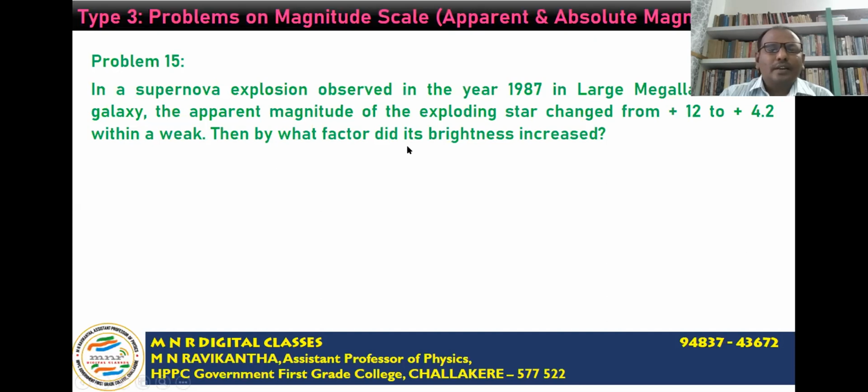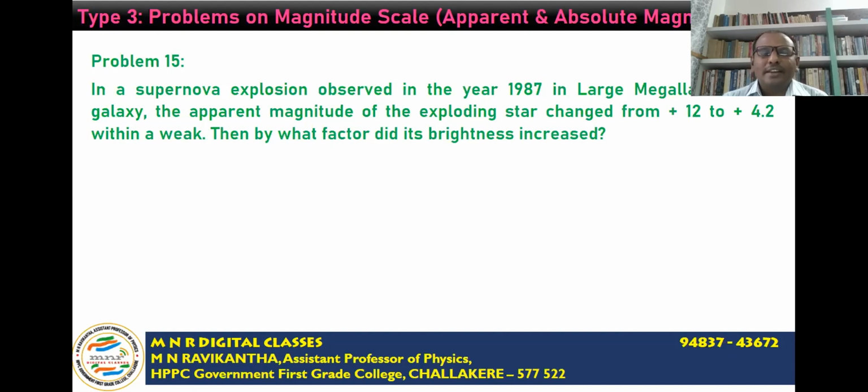Next problem, problem number 15. In a supernova explosion observed in the year 1987 in the Large Magellanic Cloud galaxy, the apparent magnitude of the exploding star changed from +12 to +4.2 within a week.